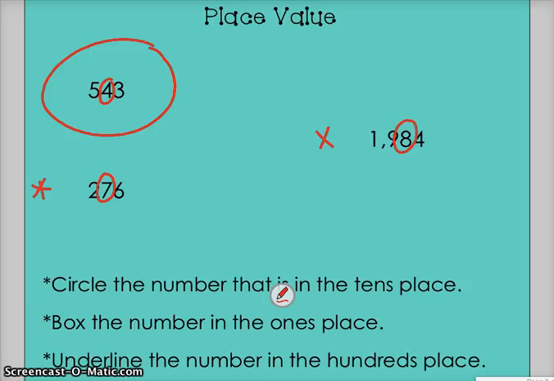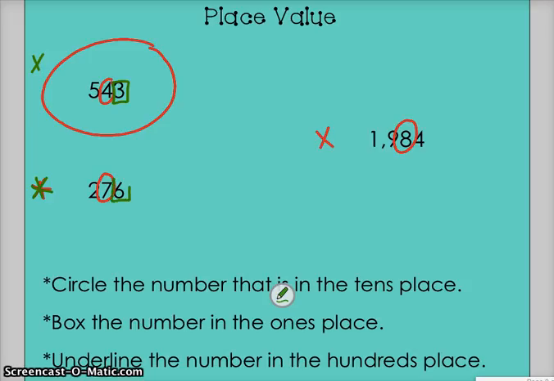Let's box the number in the ones place. Back up to the 543. The number that's in the ones place. And that is correct. The 3 is in the ones place, and the value of that number is 3. Looking at 276, box the number in the ones place.